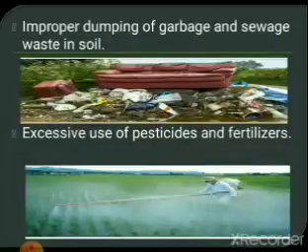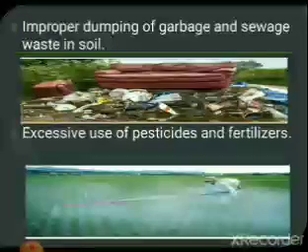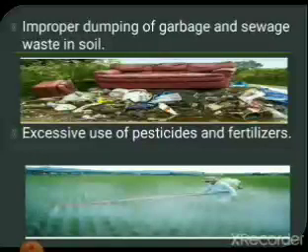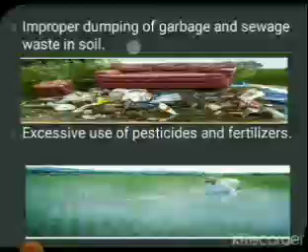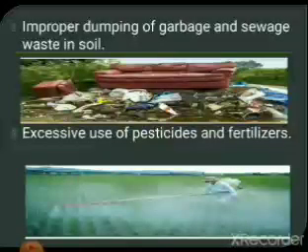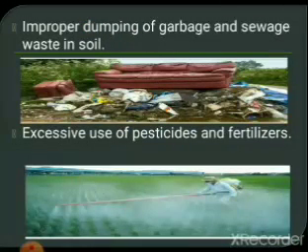Improper dumping of garbage and sewage waste in soil. As you can see in this picture, different garbages are present. If there's no proper dumping, which means if the garbage is not properly dumped, it will hamper the soil.